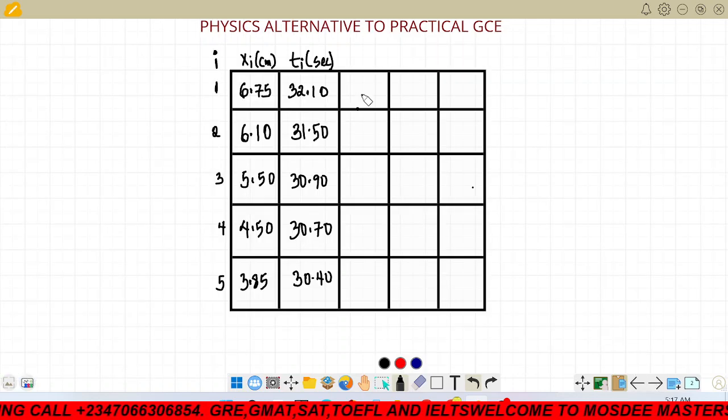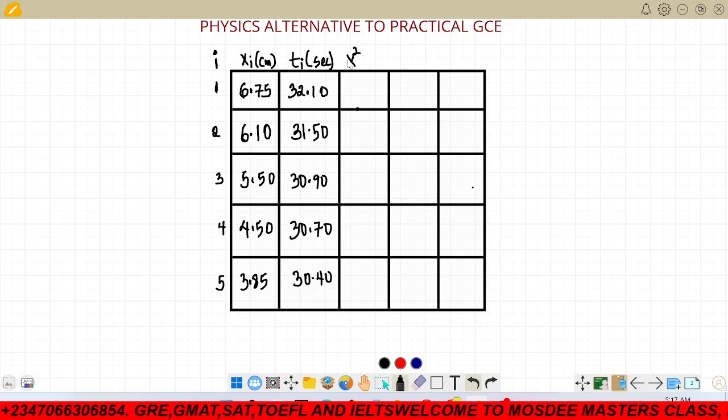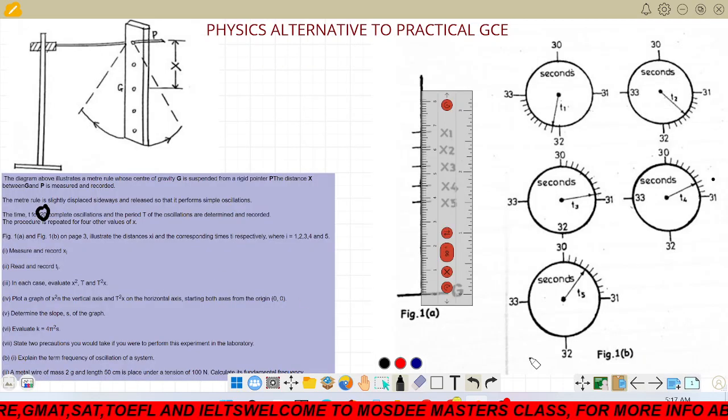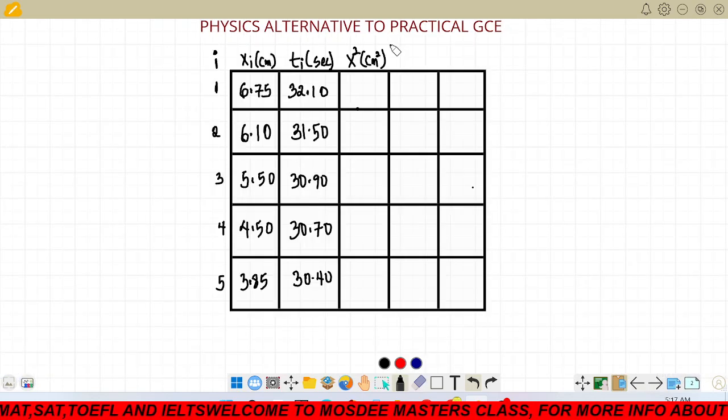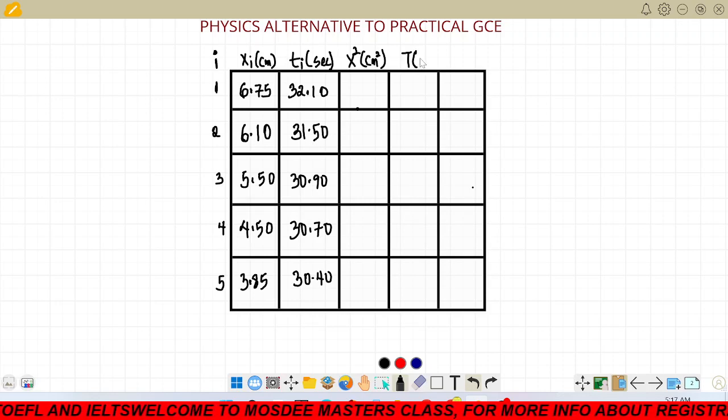So I have x squared, that is this guy squared. So that would be in centimeter also squared. I'm also asked to look for T, capital T. You know, capital T is always small t over n, which is measured in seconds.